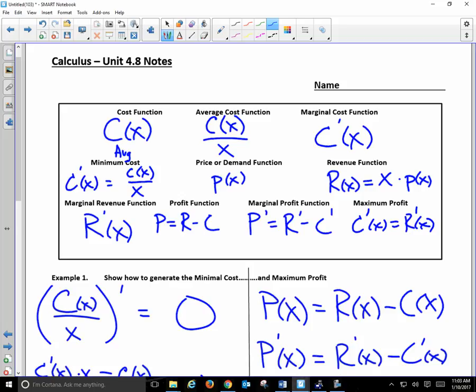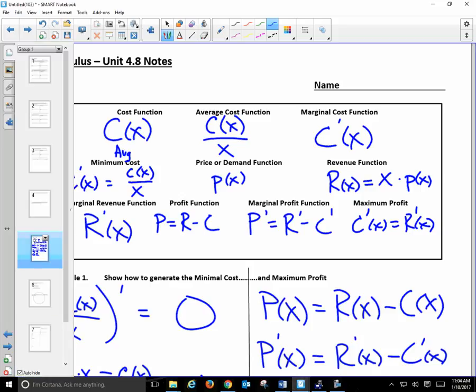You won't have to use it on the AP exam, and so I don't think it's worth our time to really focus on memorizing it. I just want you to be able to use it. Okay. River only requires, yes. It's not an AP exam, and the AP exam requires stuff that you will never see again in your entire life, no matter how much math you take. So, gotta appease both groups, so we do it.